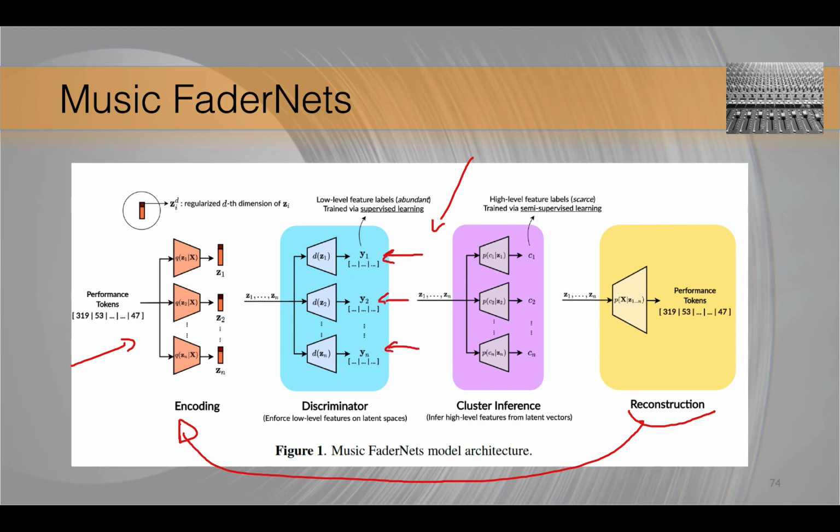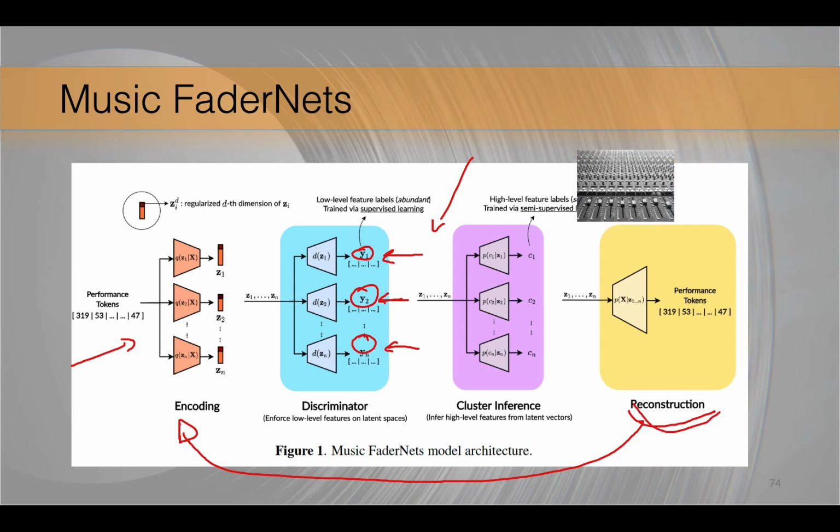You can then think of these as musical sliders. In our case, we disentangled rhythmic density, note density, and arousal or energy levels of the music. So when generating, you can change the values of these, and your output music will be different.